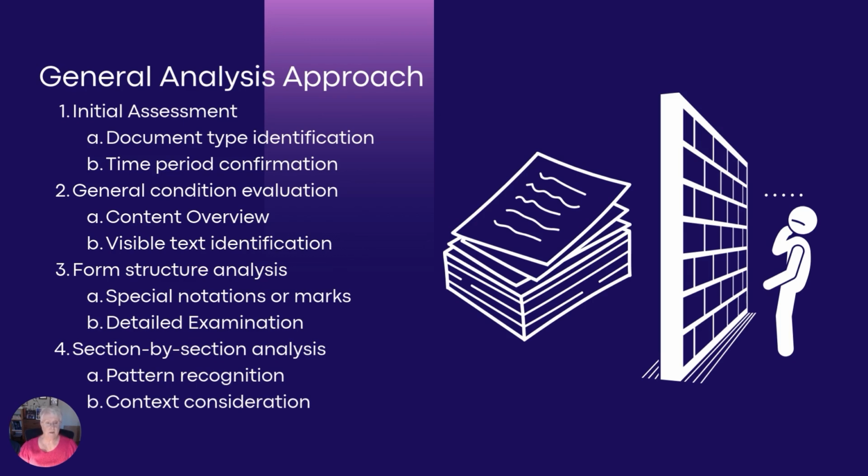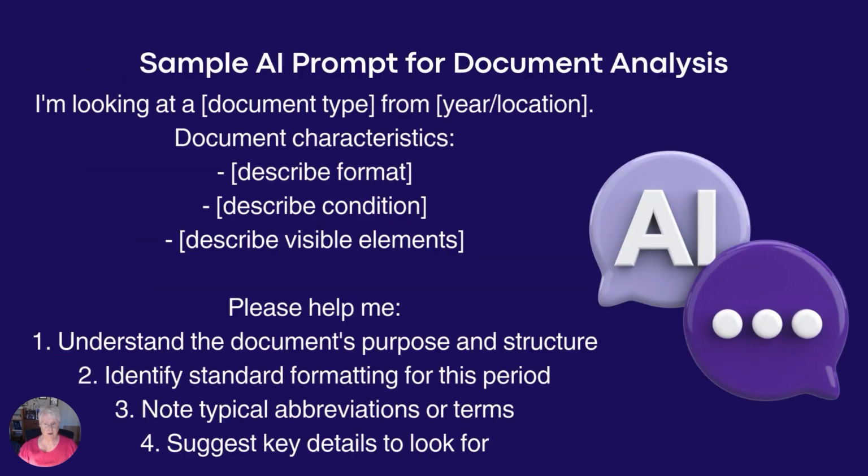A detailed examination can be done section by section and can often bring you pattern recognition and context for that document. So this is your plan of attack, your approach for your general analysis. So this is what you have in mind for your AI tool to do.